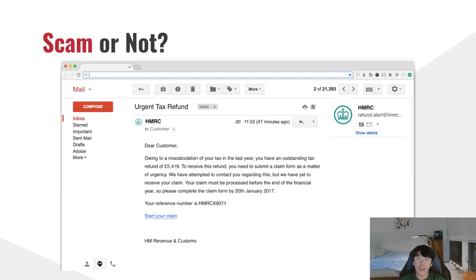First of all, taxes are collected automatically when you order anything. But the fact that they sent you an email because you had £5,419 left, and it's urgently encouraging you to click the link.